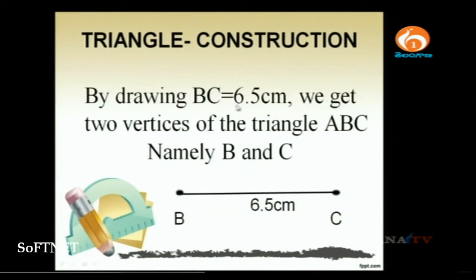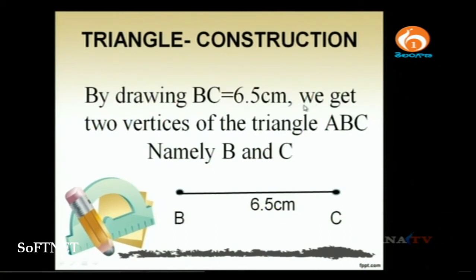By drawing BC is equal to 6.5 centimeters, we get two vertices of the triangle ABC, namely B and C. Here, when we have drawn this side with the length 6.5 centimeters, we have already two vertices of the triangle. Those are B and C.